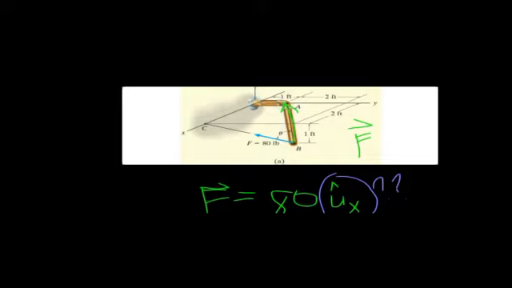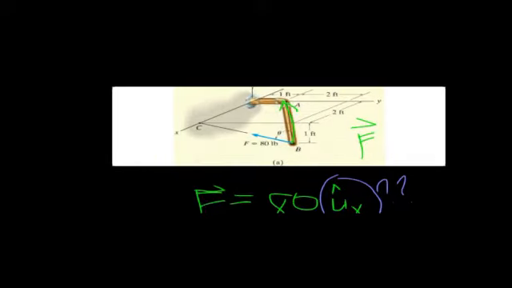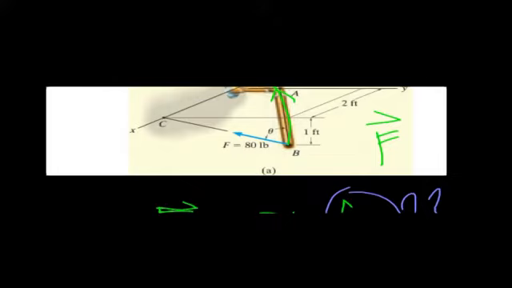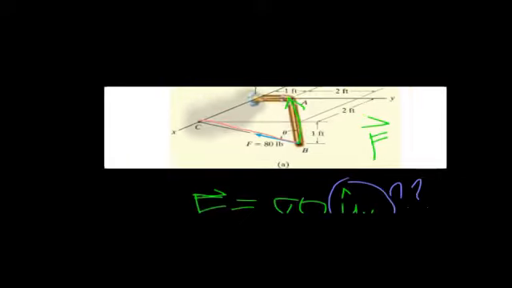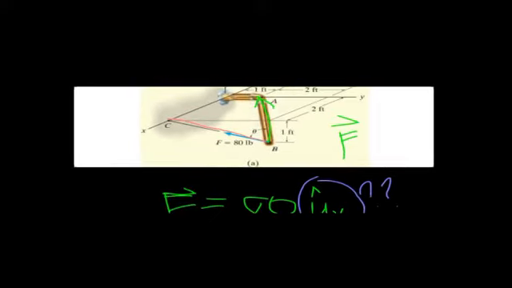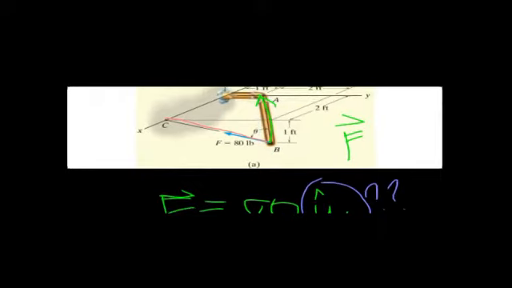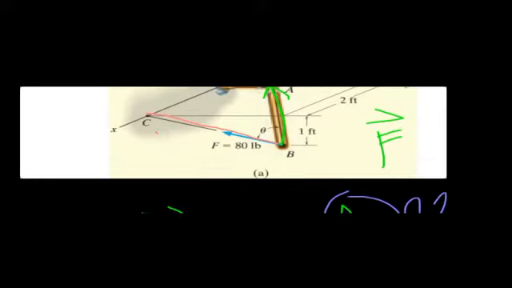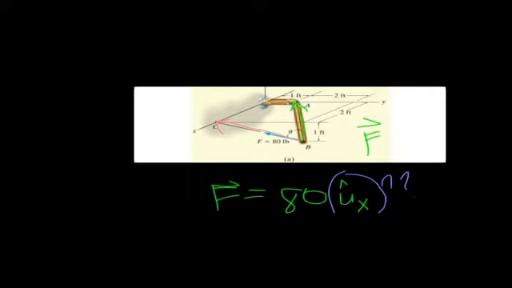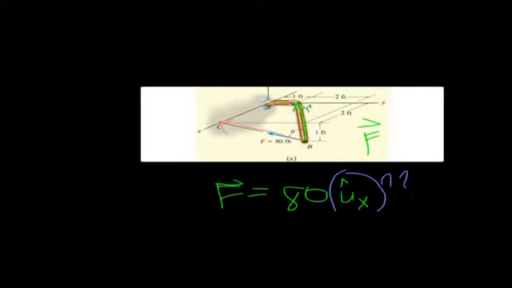Well, as you can see, the vector F is along segment BC, to be exact. So we could get the unit vector by getting vector BC and dividing it by the length or the magnitude of the vector.